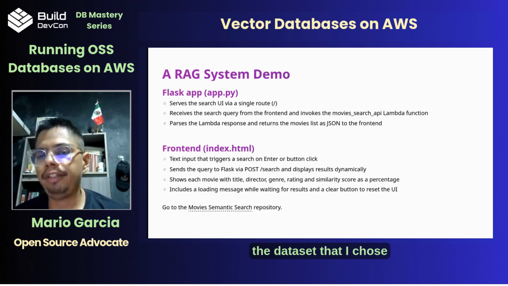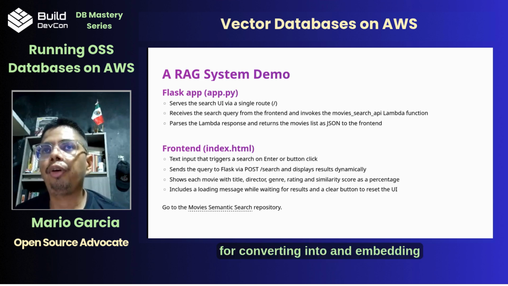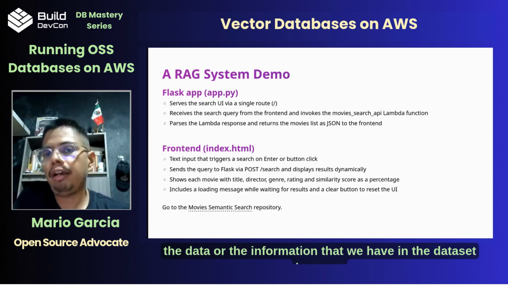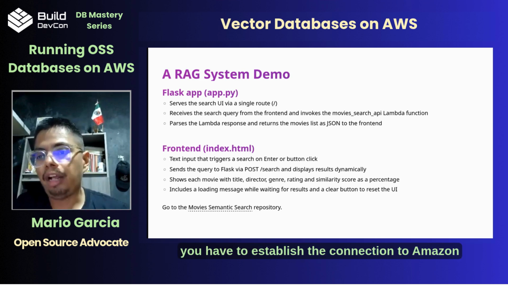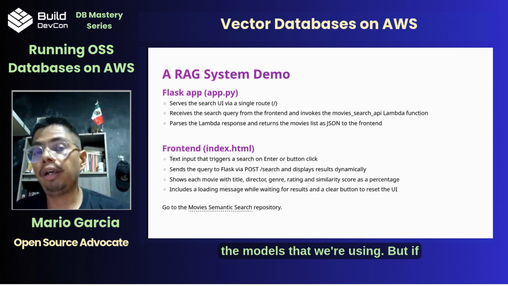The data set that I chose was a small one because, as I told you before, it takes so much time to convert the information in the data set into embeddings, because it has to establish the connection to Amazon Bedrock to have access to the models that we are using.